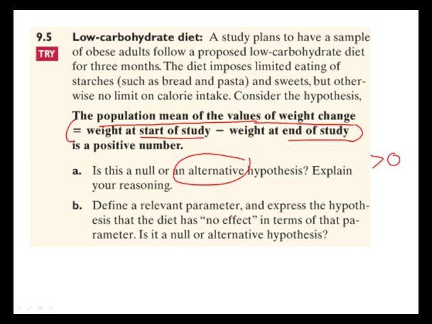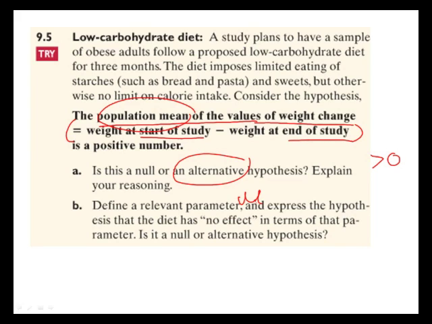Define a relevant parameter. So what parameters have we talked about in this class? Mean and mu, specifically the mean mu that represents the population mean. And that's the one that we want here, right? Because it says the population mean right here. So mu is our relevant parameter that we want.